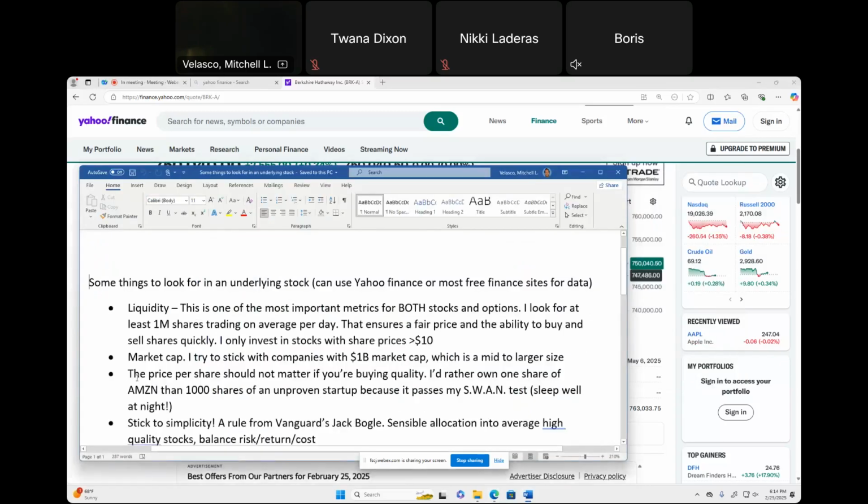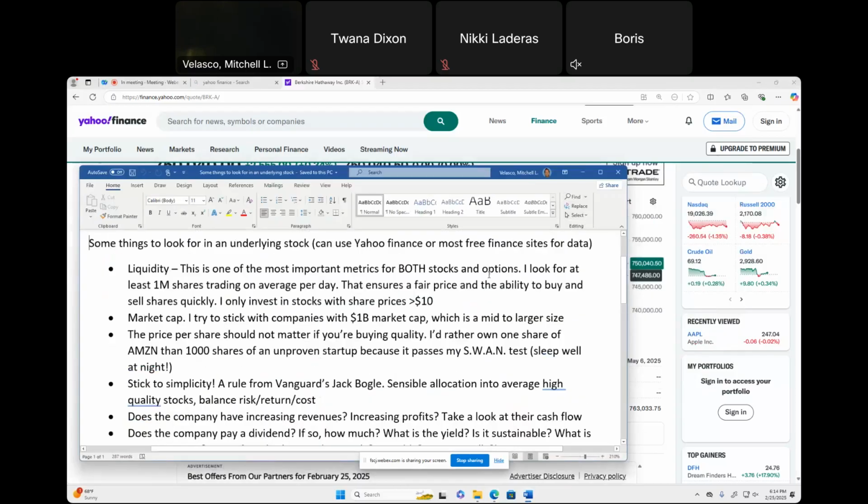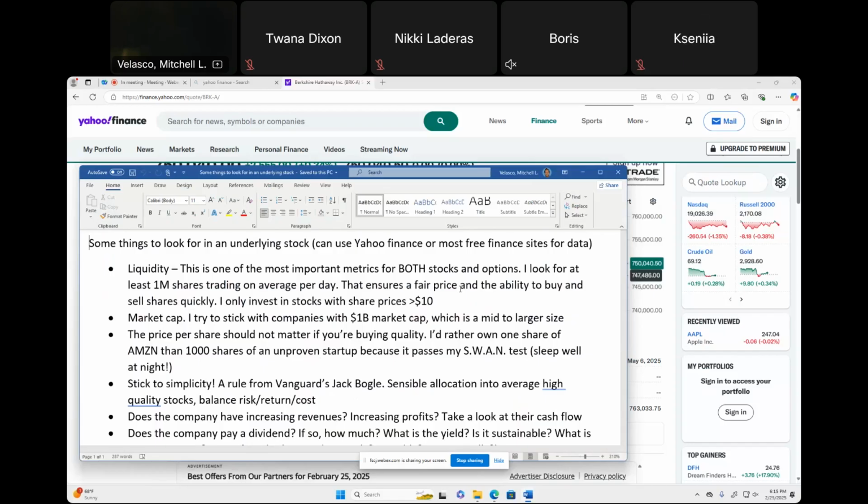All right. Going to the next bullet point on your handout, it's called market capitalization. Generally, I try to stick with at least a mid-sized company to a large-sized company. When I'm talking about market cap, we're talking about companies that are at least $1 to $2 billion worth or more in value.